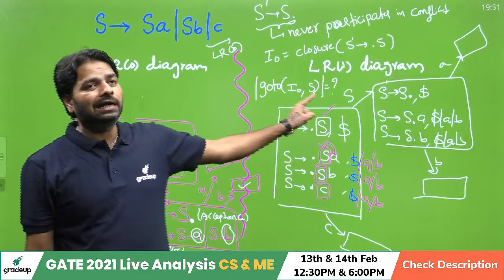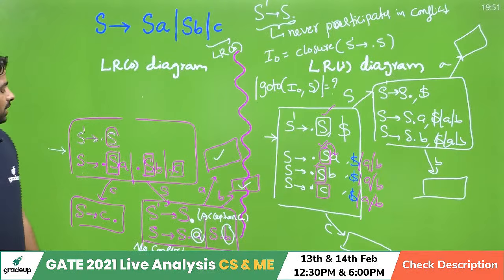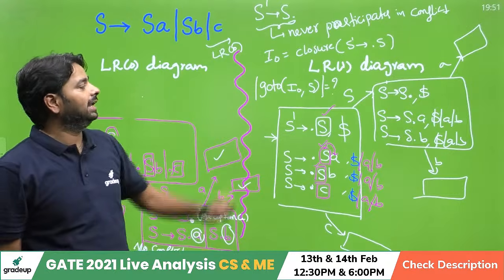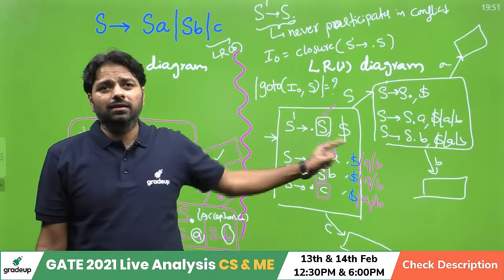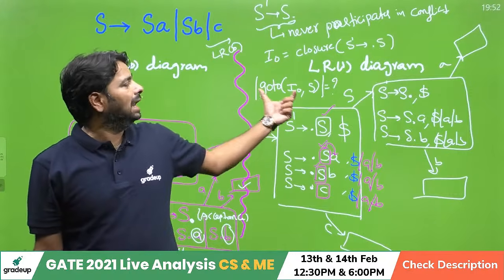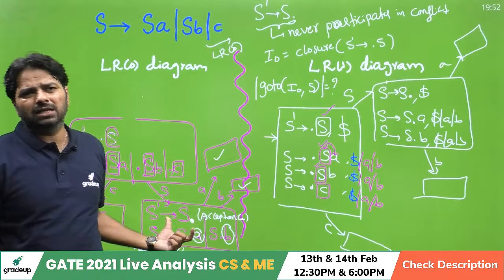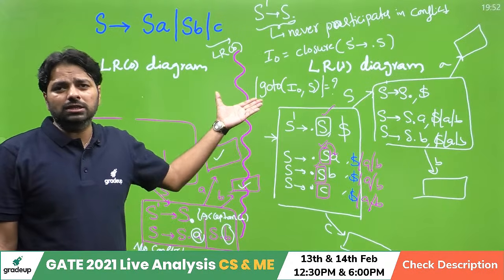How many items are there using LR1 and using LR0? In LR0 we got 3 productions, in LR1 also we got 3 productions. Everybody, can you see that? They may ask how many items are there using LR1 or using LR0. Mostly they ask LR0. Clear? Everybody clear how to answer it?